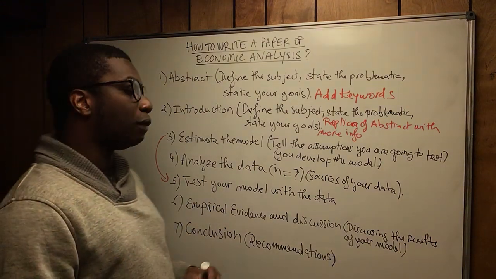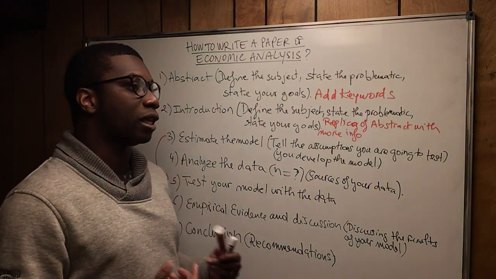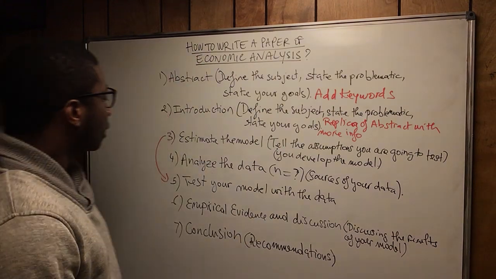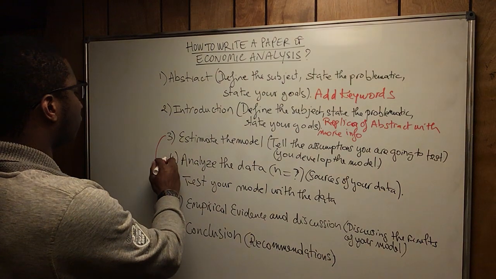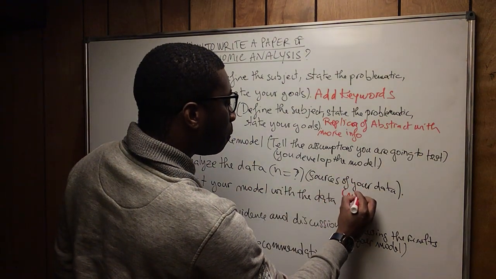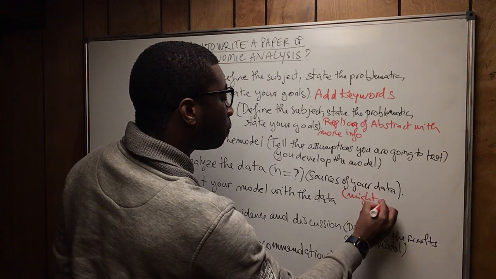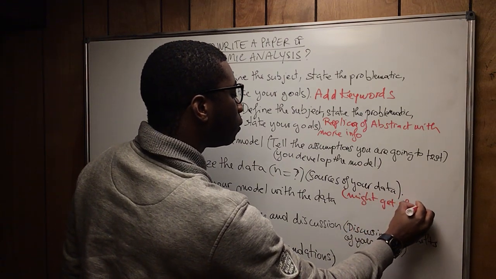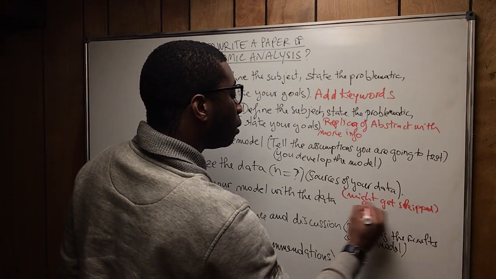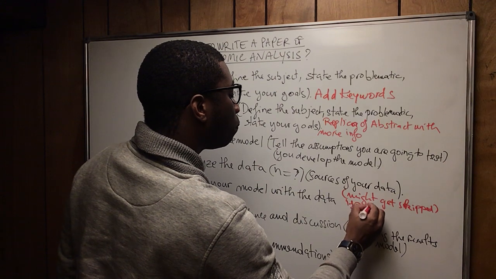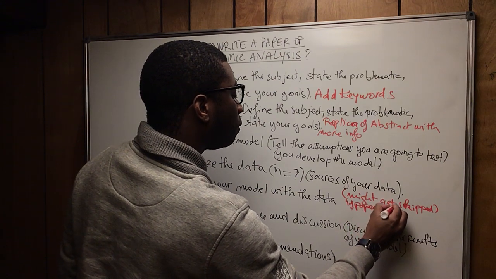So once again, if your paper is basically a paper of pure economic theory, you may skip this part. So I'm going to say here, might get skipped if paper of theory.